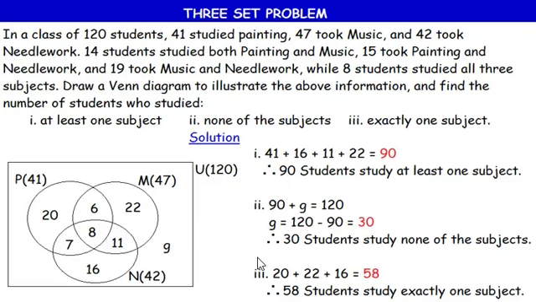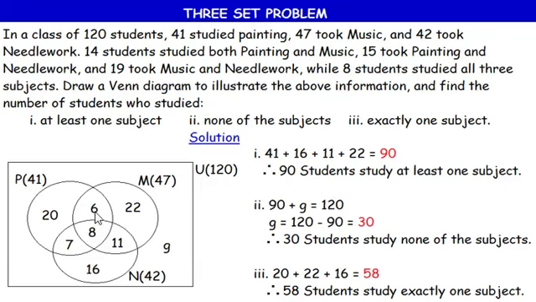So that is all for this question, right? And that is all about three sets problem. So you just have to know how to apply the information that you've been given on a Venn diagram, right? So irrespective of how the question is put, once you understand what each region represents, you should be able to solve it, right? Once you understand that this region is for painting only, this region is for needlework only, this region is for music only, this region in the middle is for all the three sets, right?